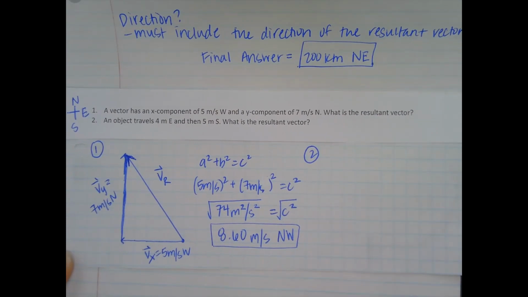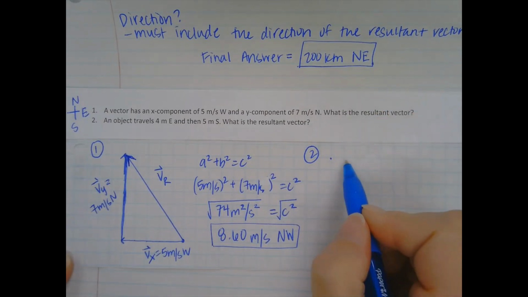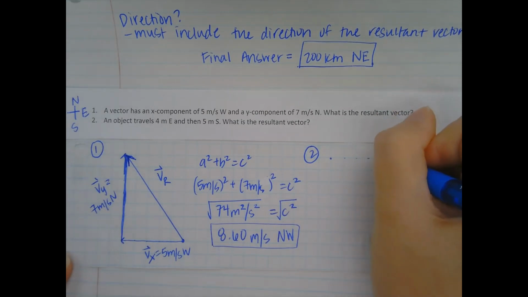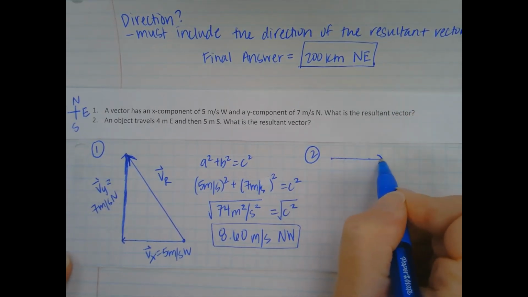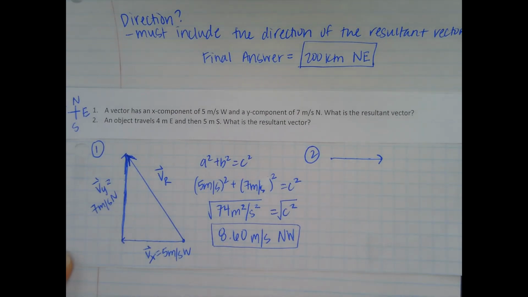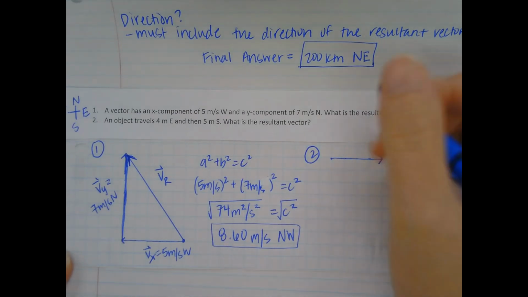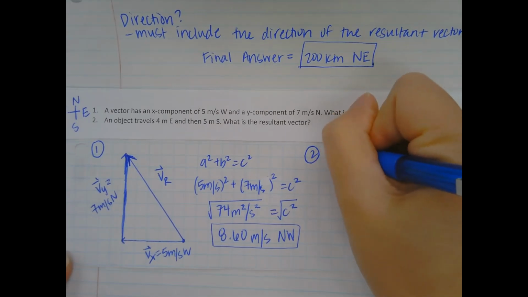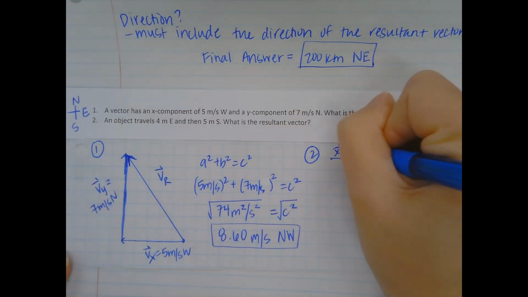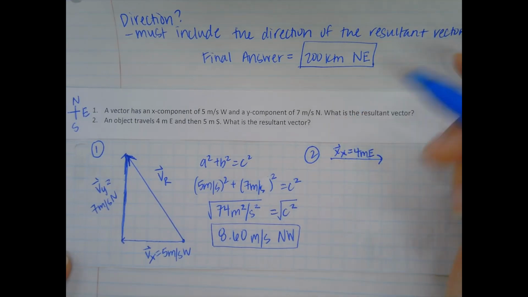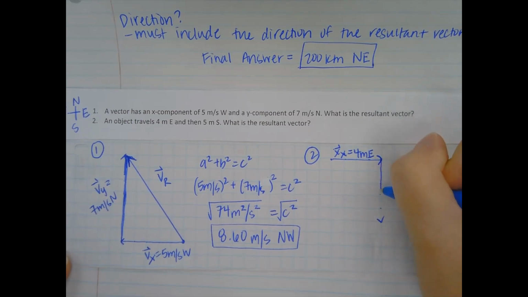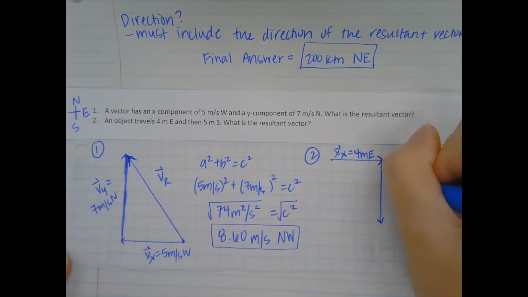An object travels 4 meters east and then 5 meters south. What is the resultant vector? So I'm going to travel first 4 meters east, 1, 2, 3, 4, and remember my scale here, I just chose 1 of whatever my unit is representing by 1 square in my graph paper. So this is my displacement vector in the x direction, which is 4 meters east, and then I'm going 5 meters south, 1, 2, 3, 4, 5, and this is my displacement in my y direction.